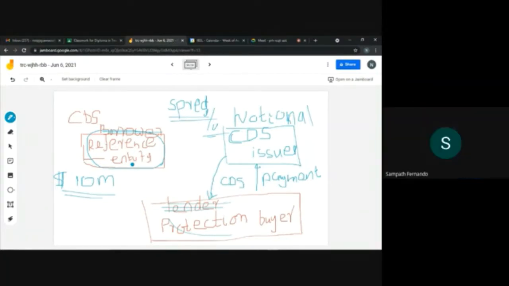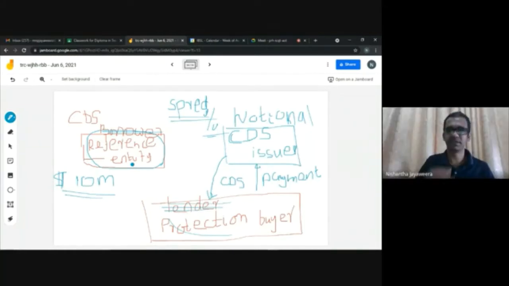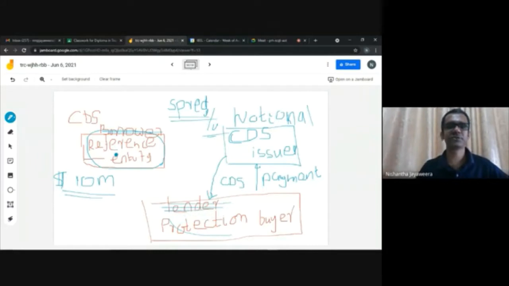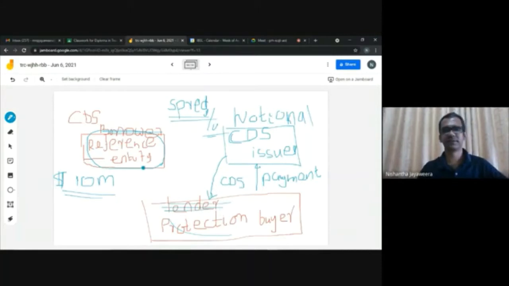Can you explain why they are not called the lender and borrower? That's because, as I mentioned, the CDS issuer doesn't check whether the protection buyer has any exposure to this reference entity, whether the protection buyer has lent anything to this reference entity. Even without any exposure, you can buy this protection.